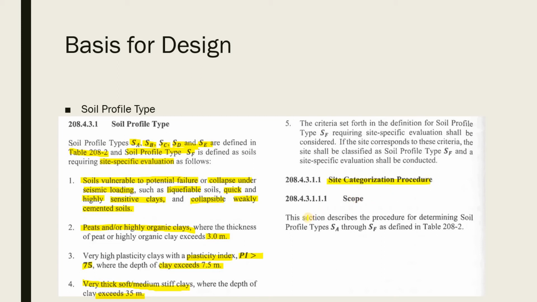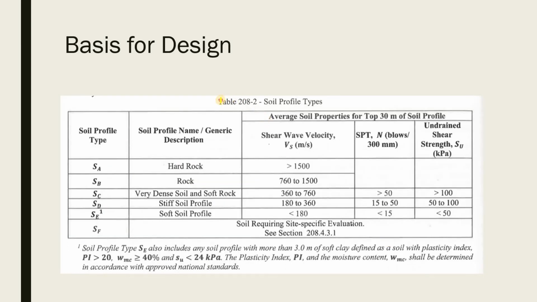Okay, so ito naman yung categorization procedure natin. So the scope. This section describes the procedure for determining soil profile type A hanggang F. So that is the table 208-2 soil profile types. So we have here the soil profile types A hanggang F. And ito yung kanilang generic na description.